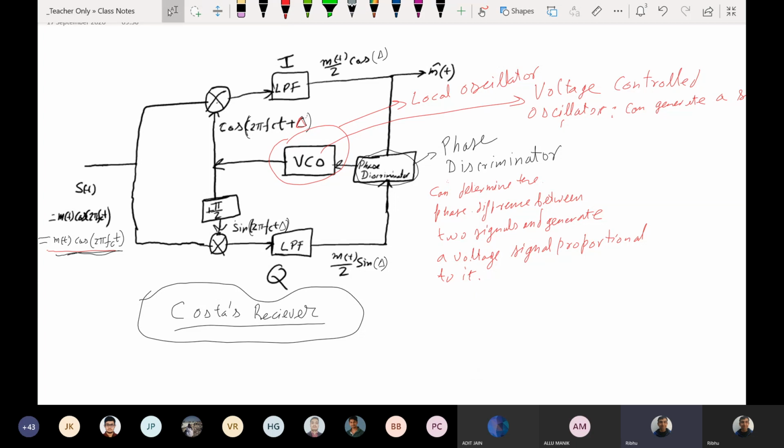Passing the product through a low pass filter in the I branch gives m(t) by 2 cos delta, as we saw yesterday. Similarly, multiplying with sin gives m(t) by 2 sin delta.